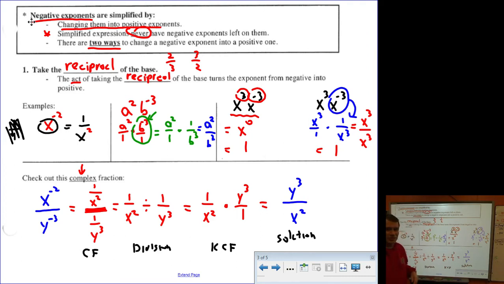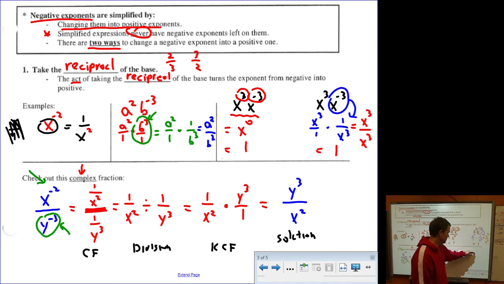What I would like you to look at is the fraction that we started with and the fraction that we ended with. And I would like you to notice that when you have negative exponents within a fraction, when I take the reciprocal and I do all the math, all that really happens is the y to the negative third that was on the bottom became y to the positive third on top.